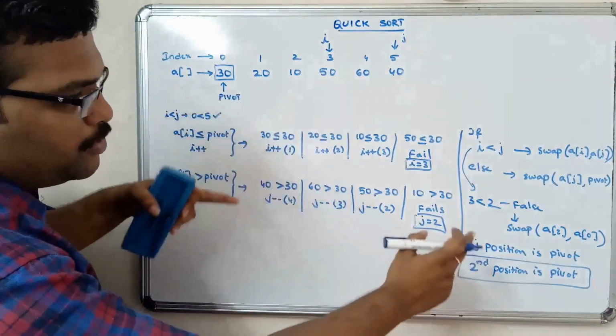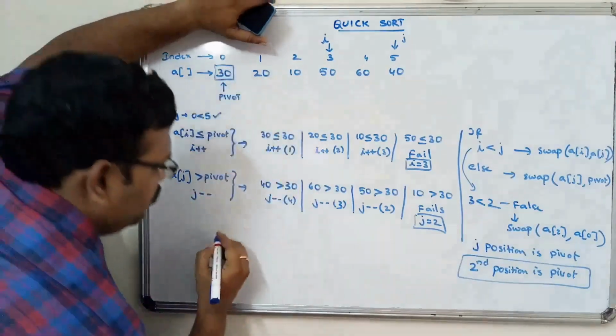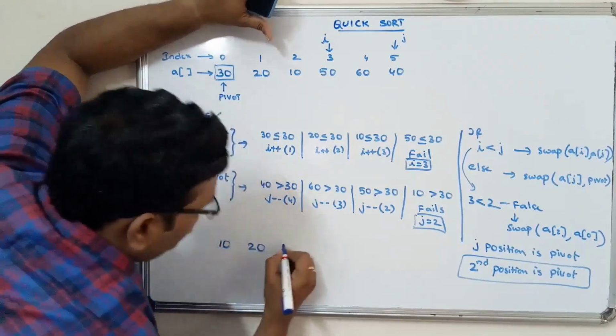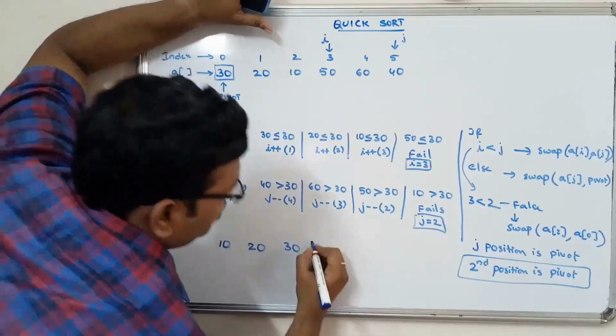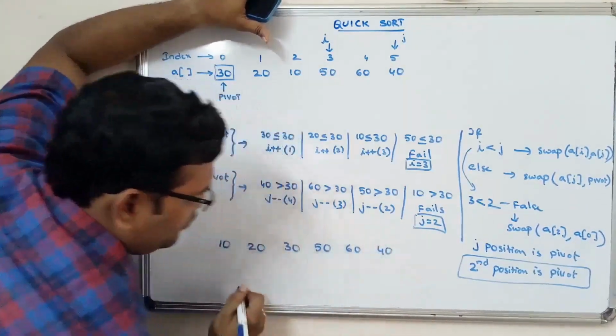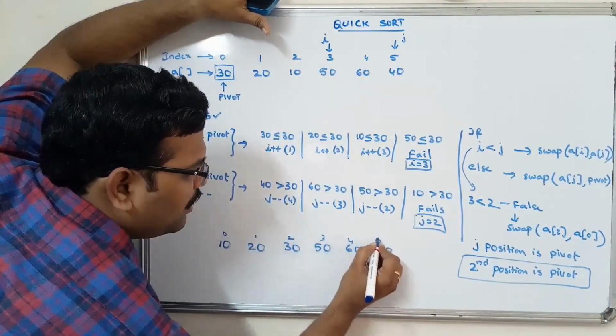Just swap the positions, a of 2 comma a of 0. a of 2 means 10. So 10 will be here, 20, then 30, then 50, 60 and 40. See, 0, 1, 2, 3, 4 and 5.